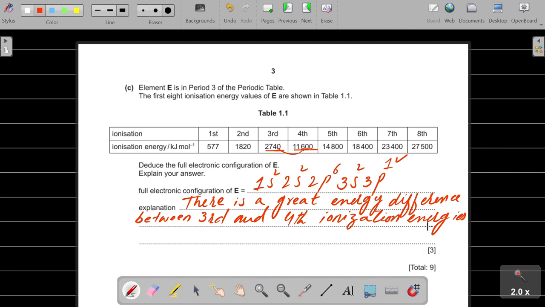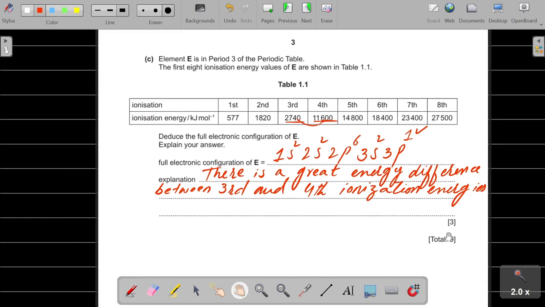So you can see it has three valence electrons. The next is the 3 mark question, so we can write the other thing. We can say the fourth electron is removed from a shell closer to the nucleus.